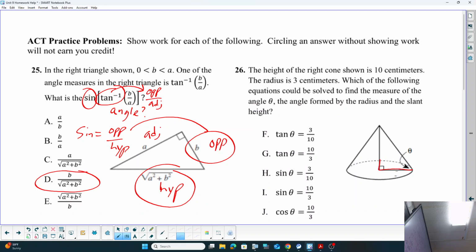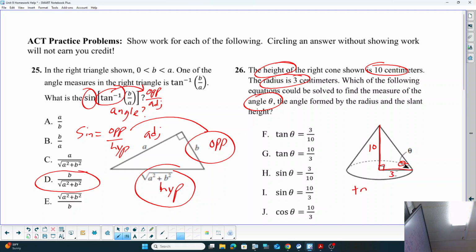This is a right triangle. And they want you to find which of the following equations we solve to find the measure of the angle. So this is the angle. They give us the height, which is 10. They also give us the radius, which is 3.